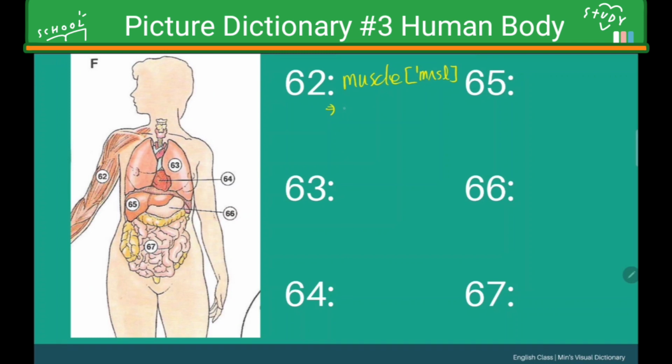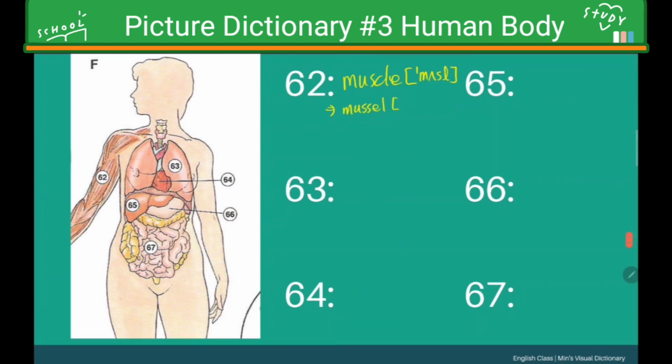And this one has the same pronunciation as these ones, muscle. So same pronunciation. And this one refers to a food ingredient, right? A clam. So a type of clam that is black in color, relatively cheap. Okay.